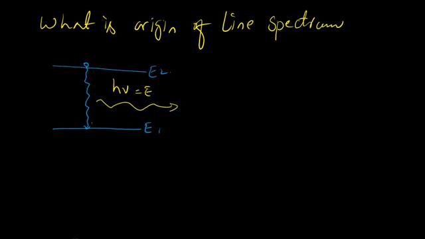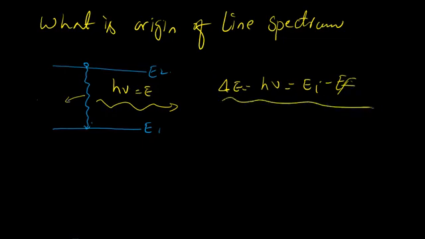The jump of an electron from one level to another is accompanied by a difference in energy. ΔE should be equal to hν, which equals Ei minus Ef. So the emitted energy should be equal to the difference between the two energy levels.